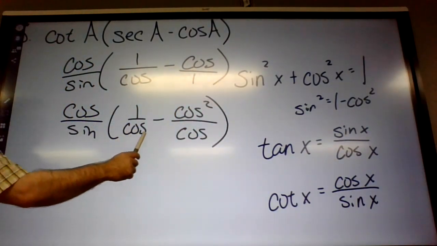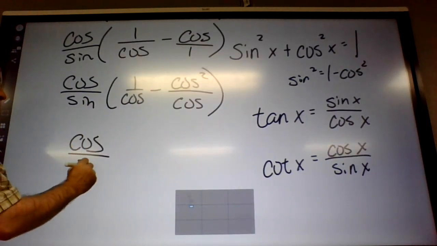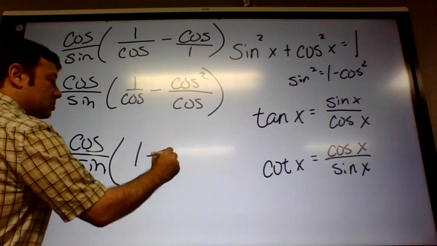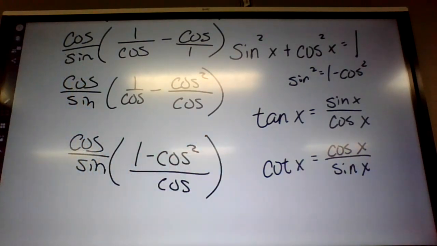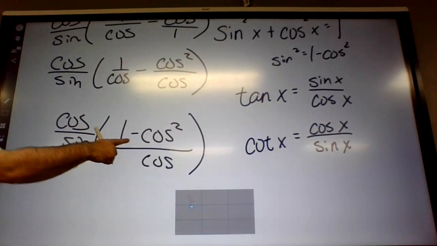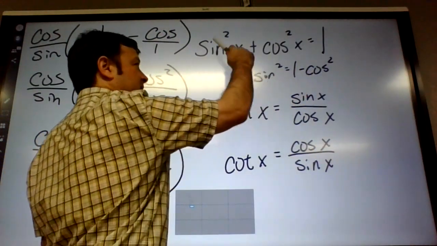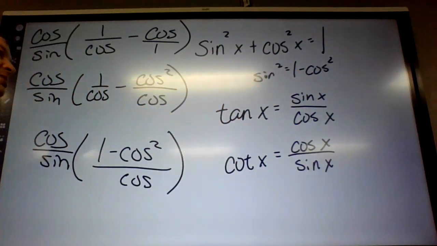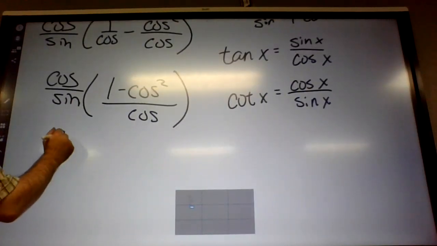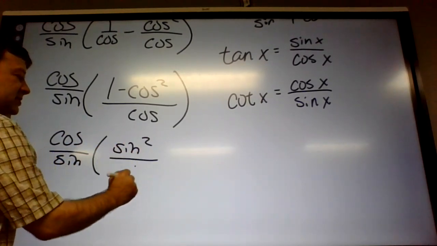Why is that helpful? Because if they have a common denominator, they can actually join. They can become 1. You guys follow that? Okay, what's 1 minus cosine squared equal? Yeah, that's right. One of the versions of this equation is that 1 minus cosine squared is sine squared. Sine squared is like sine squared over 1, right?